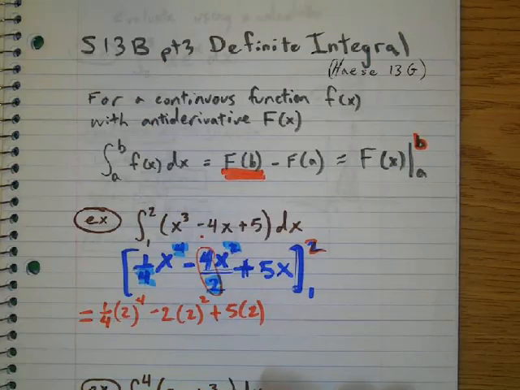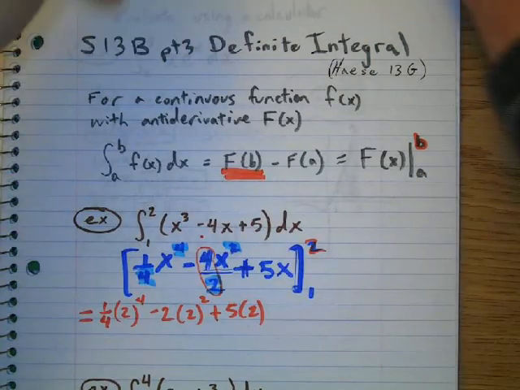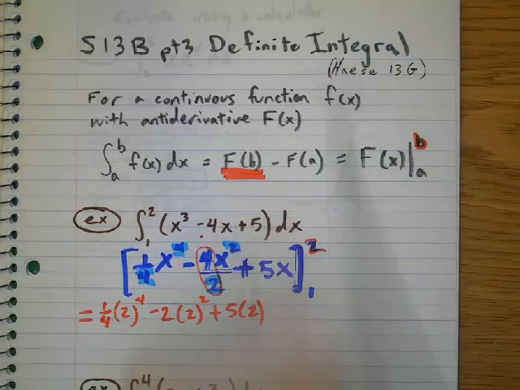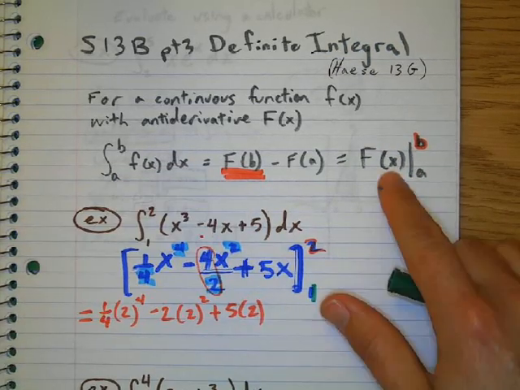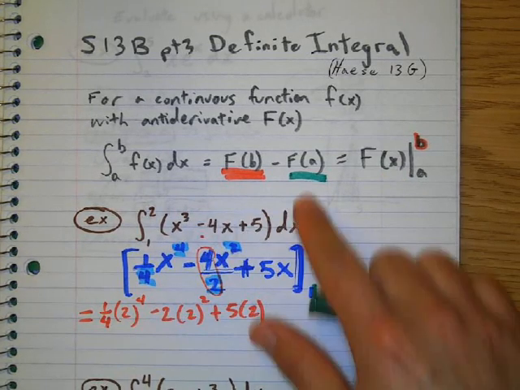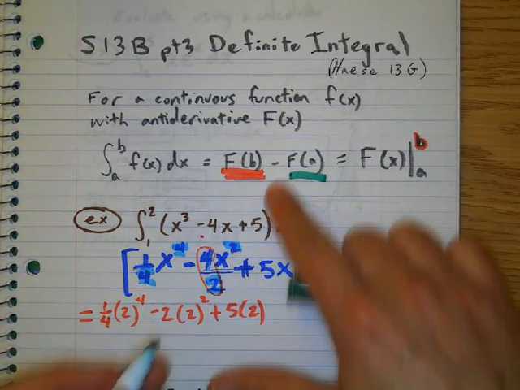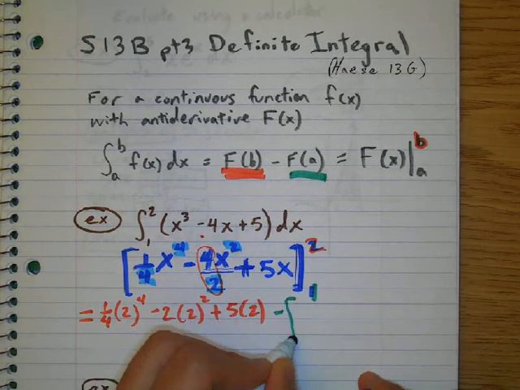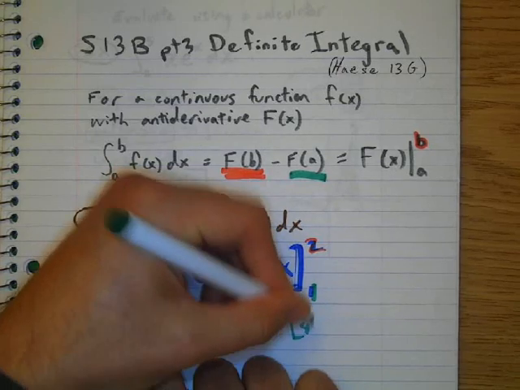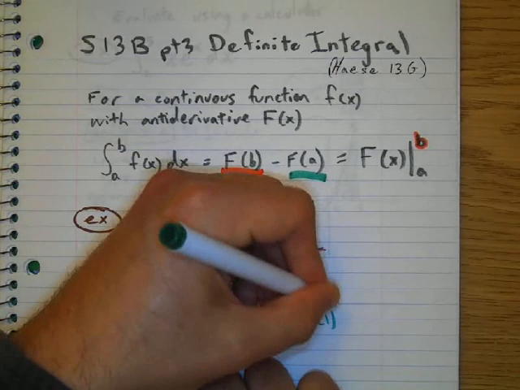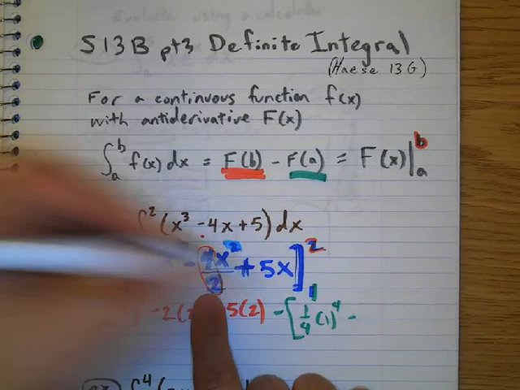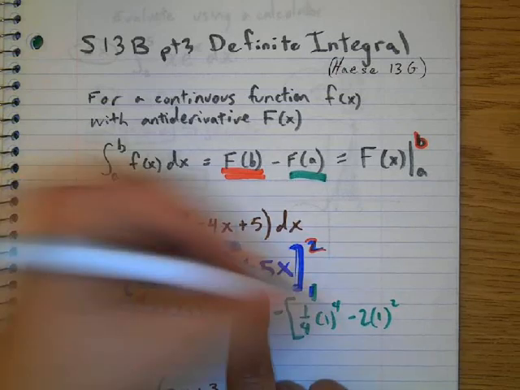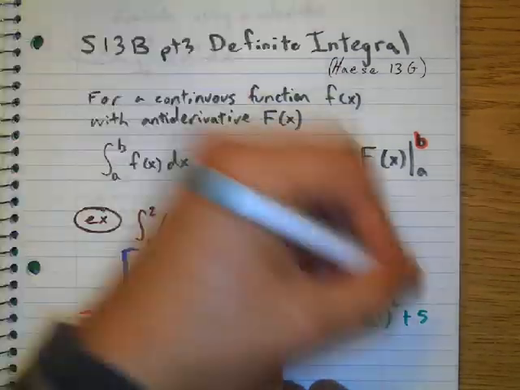Okay, and now I'm going to take this value here, and we're going to subtract all of this stuff and plug in 1 for x. So minus, we're going to have 1/4 times 1 to the 4 minus 2 times 1 squared plus 5 times 1.